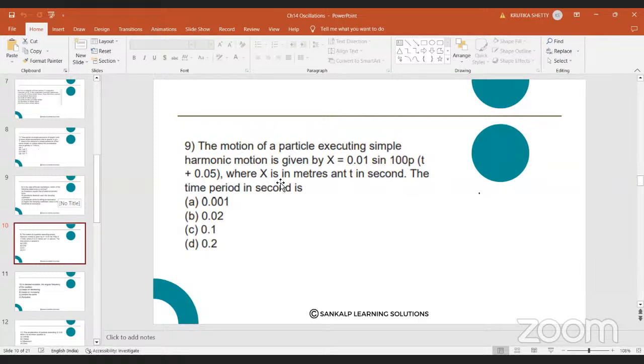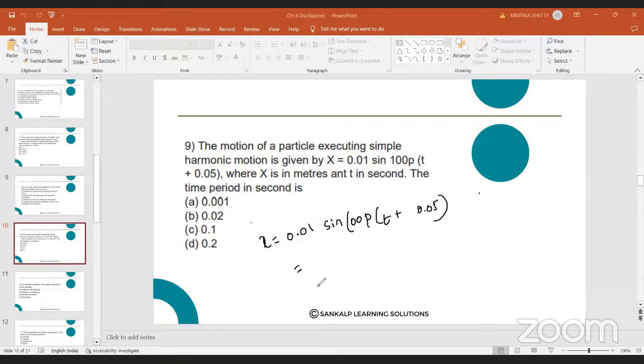So simple question, we need to just compare it with the standard equation of simple harmonic motion. So the given function is nothing but x is equal to 0.01 sine 100 into pi into bracket t plus 0.05. Yes, option B. Everybody is getting the answer? Yes, it is option B.